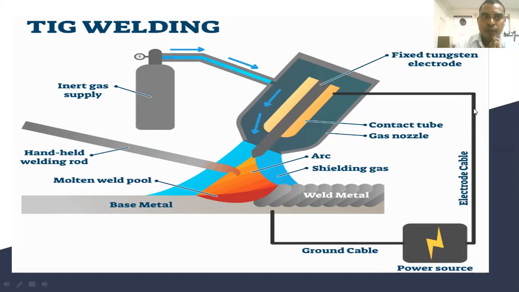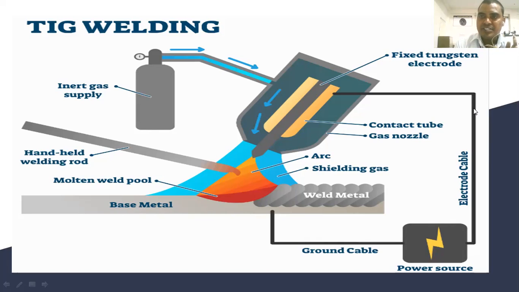As for the gas, we are using inert gas such as helium, neon, argon, CO2, etc. When we discuss TIG welding, you must have knowledge about the inert gas, because these inert gases are very important in TIG welding as well as MIG welding.